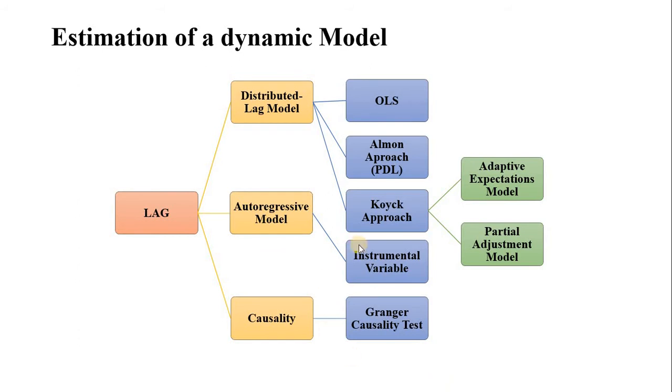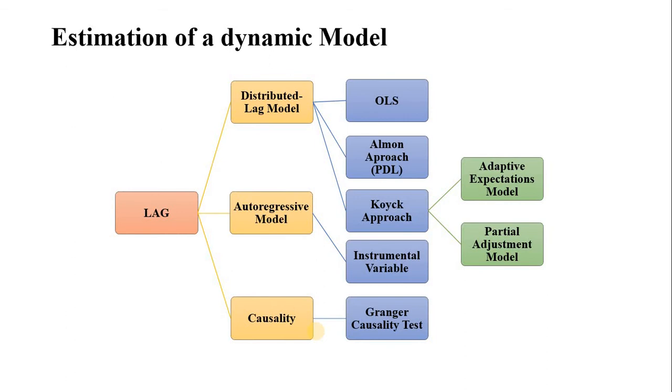The third type is not an estimation technique, but a method to check causality. Causality is mainly analyzed using certain past values. A method is available to check which variable is leading which variable, using the variables' past values.